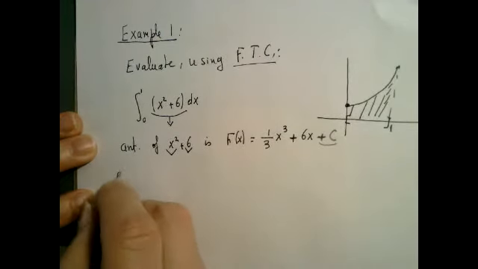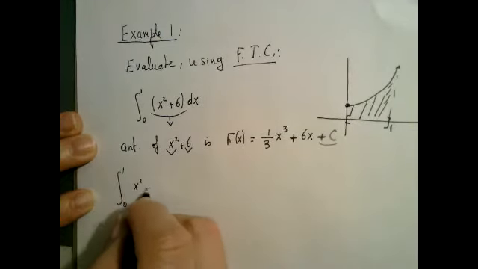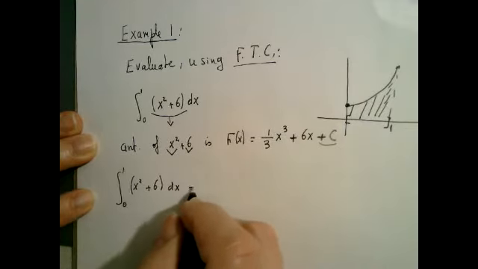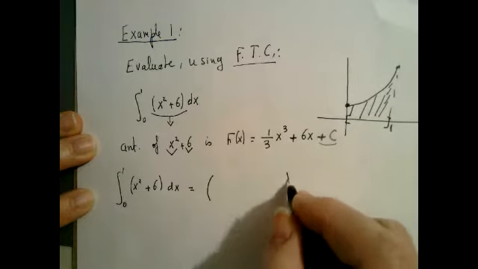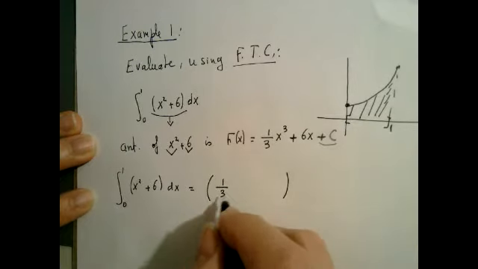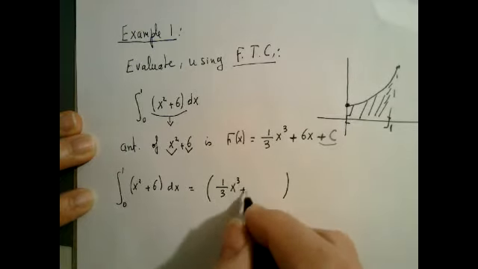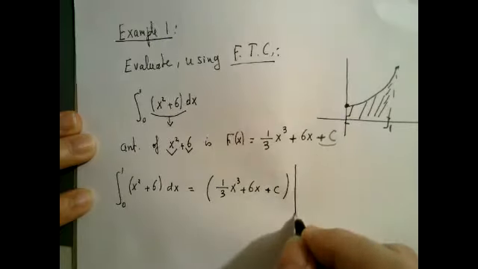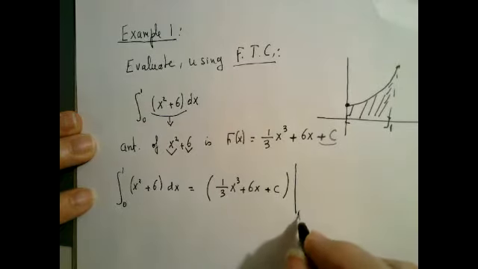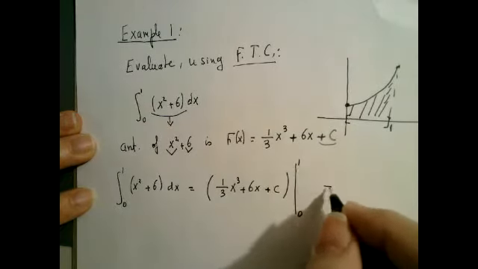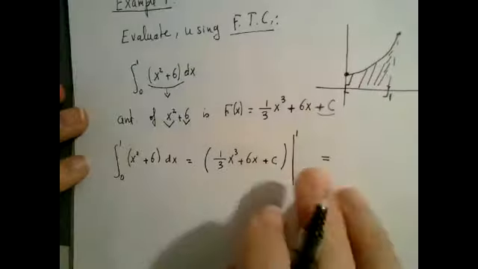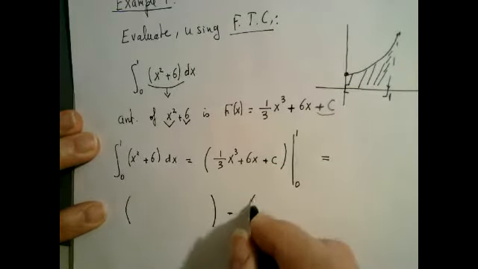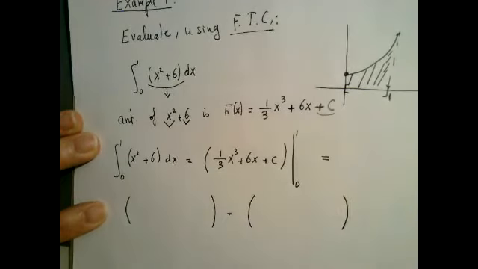The integral from 0 to 1 equals the antiderivative evaluated between 0 and 1. It means it's the value of the antiderivative at the upper limit minus its value at the lower limit.